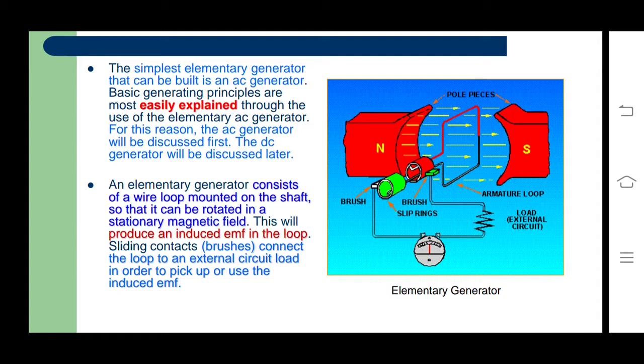An elementary generator consists of a wire loop mounted on a shaft so that it can be rotated in a stationary magnetic field. This will produce an induced EMF in the loop. Sliding contacts, the brushes, connect the loop to an external load circuit in order to use the induced EMF.